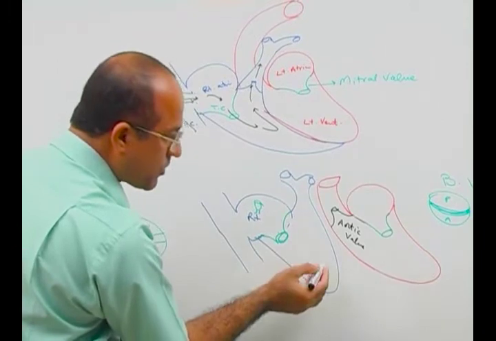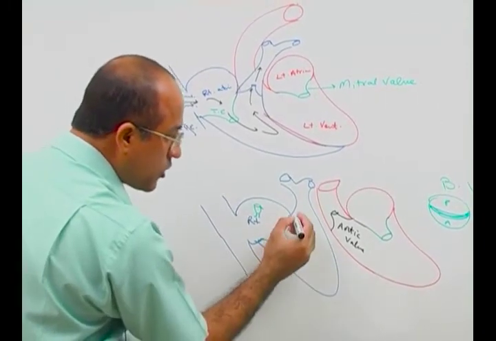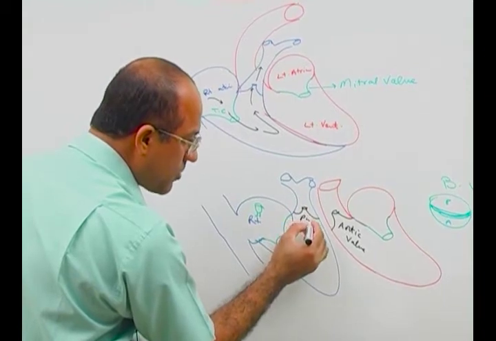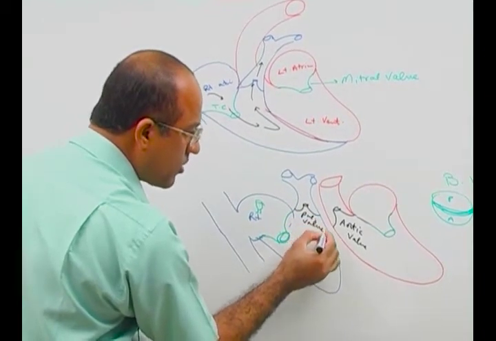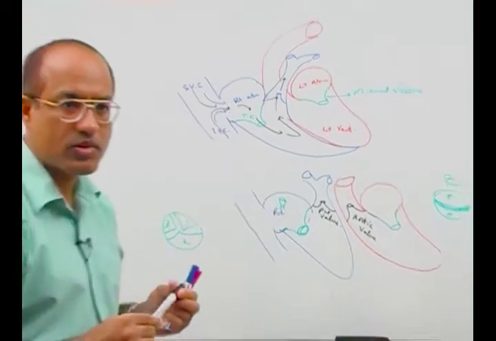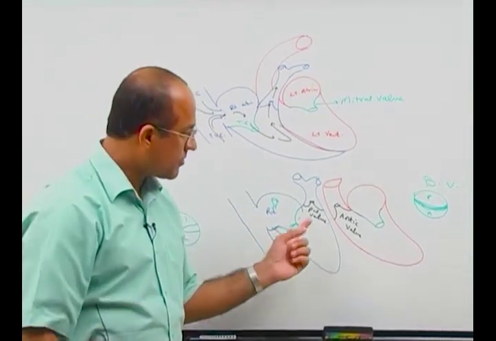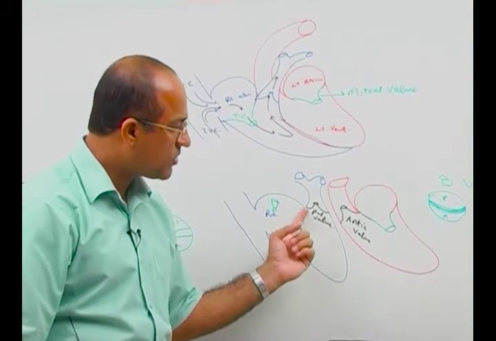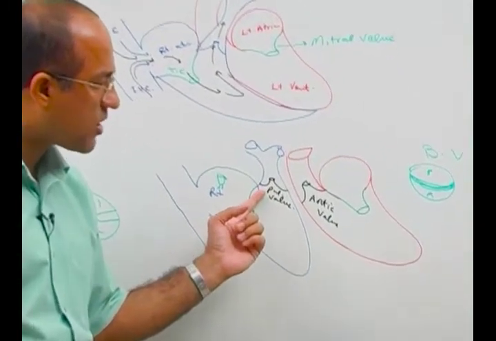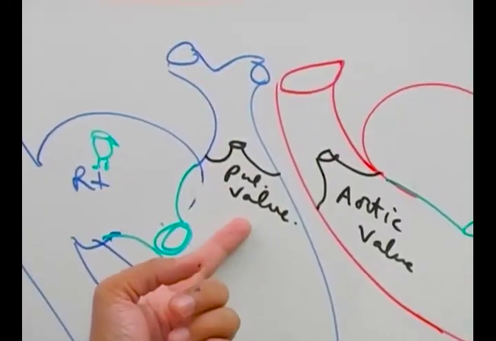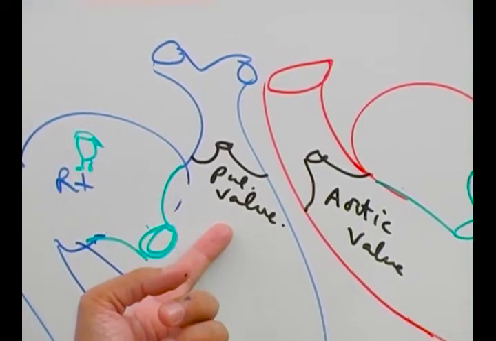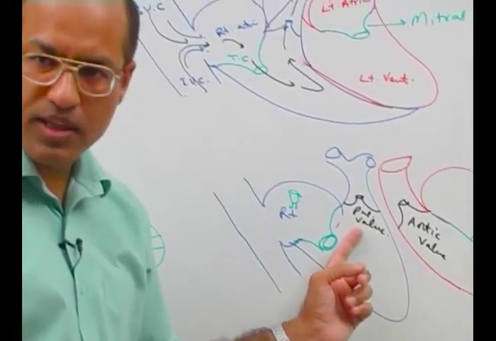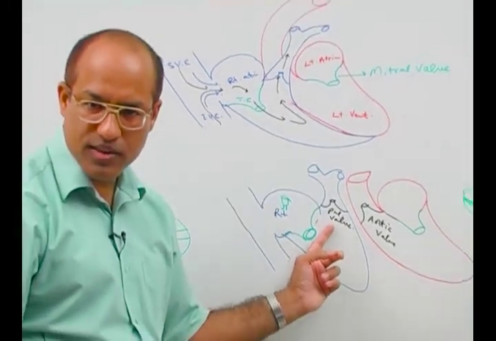And the valve from the right ventricle to the pulmonary artery is called the pulmonary valve, right? This passage has a valve called the pulmonary valve. So the output valves from the heart are the aortic valve on the left side and the pulmonary valve on the right side.